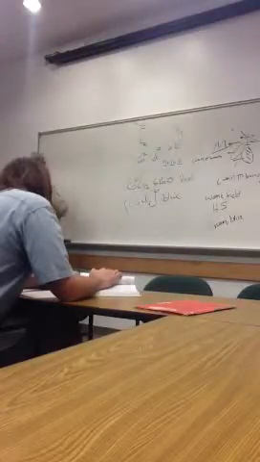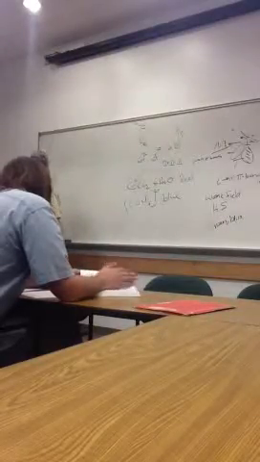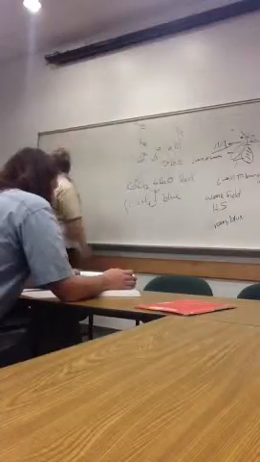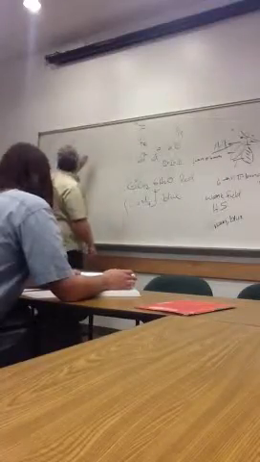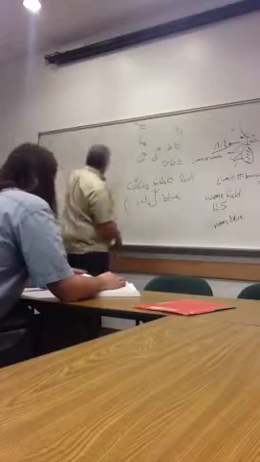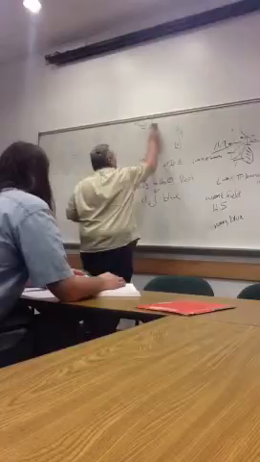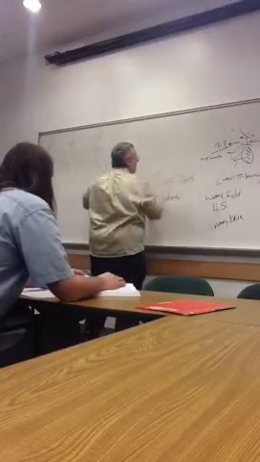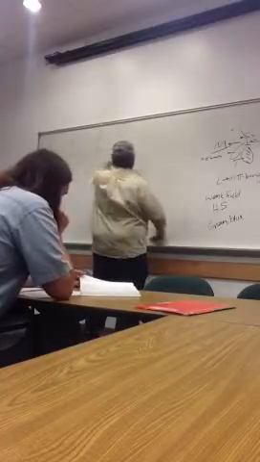So we've got the D0 state, the D1 state, the D2 state, and the D3 state that have no high spin, low spin options.